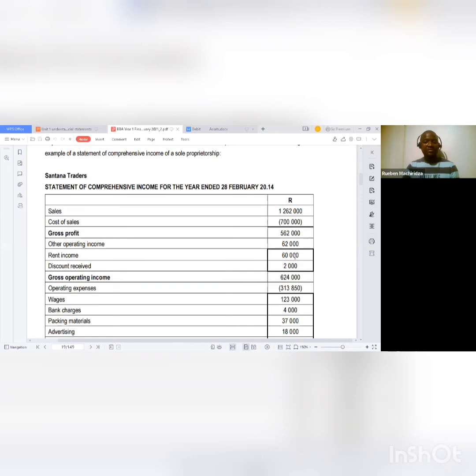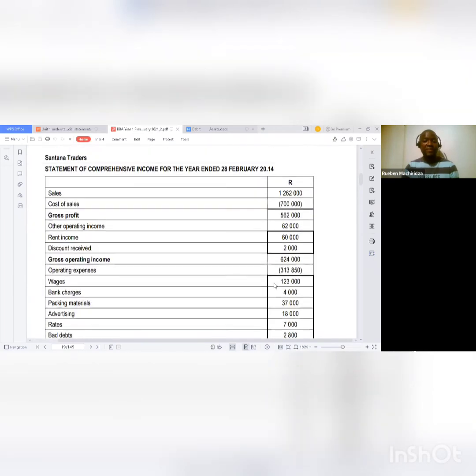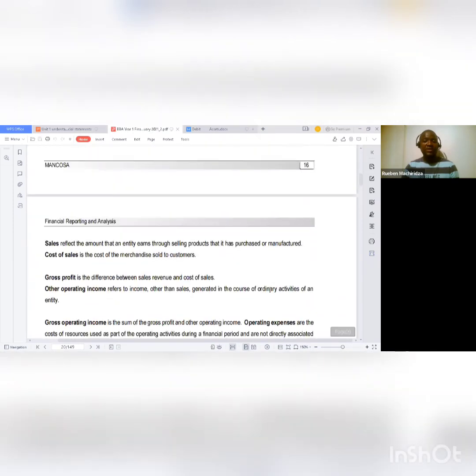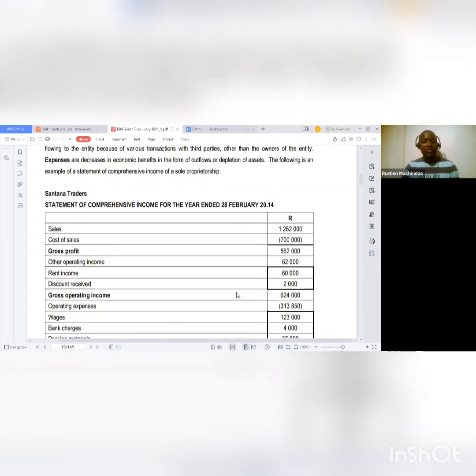So again, if circumstances do permit, in the next lecture, we are going to have a question pertaining to the statement of comprehensive income. And if time permits, we are going to introduce the statement of financial position. So as time goes on, we are going to be tackling questions. Each lecture we have to make sure that we have a question that we tackle.